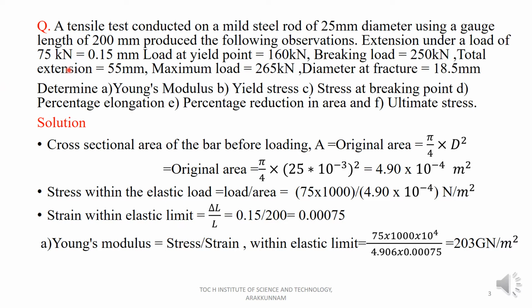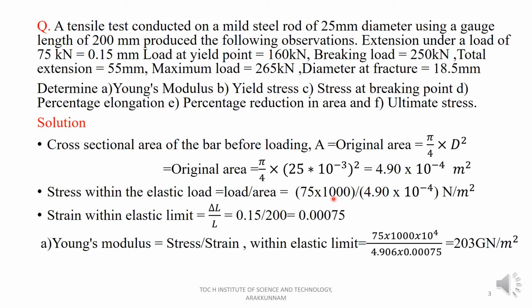It is given that the extension under a load of 75 kilonewton is equal to 0.15 mm and we can see the load goes on increasing. So we can take the load 75 kilonewton for calculating the value of Young's modulus. So Young's modulus is equal to stress divided by strain, that is within the elastic limit, and stress is equal to load divided by cross sectional area.